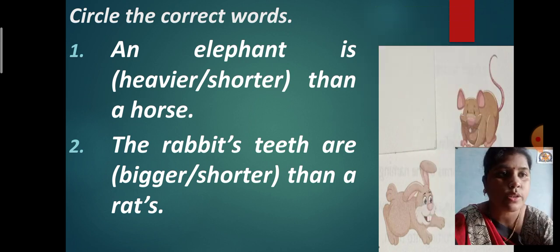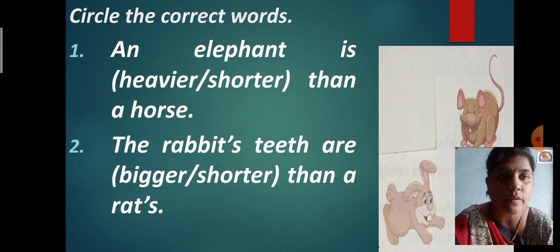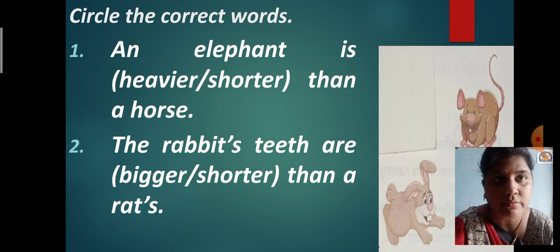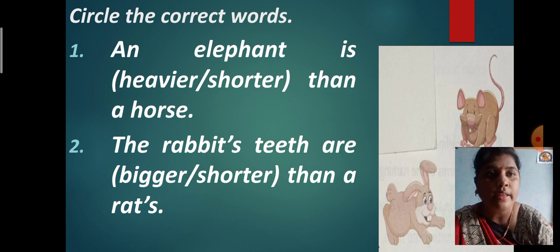The picture is of a different thing, it is of the second number. But now see, an elephant is heavier or shorter than a horse. Imagine the picture of an elephant and a horse. Obviously an elephant is heavier than a horse. So let us circle the word heavier.